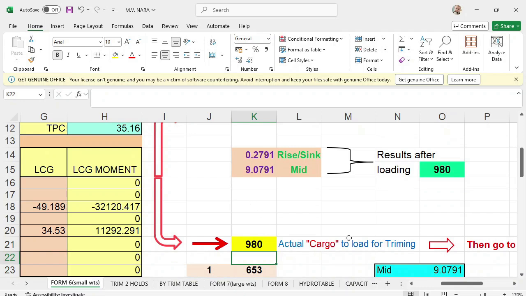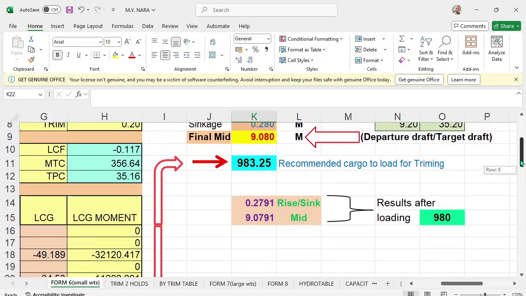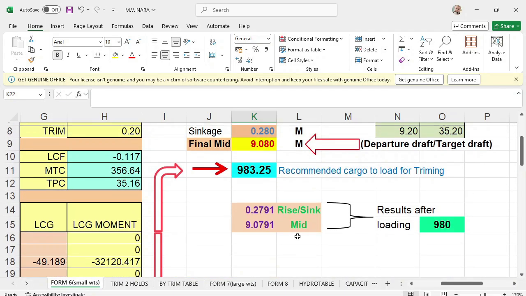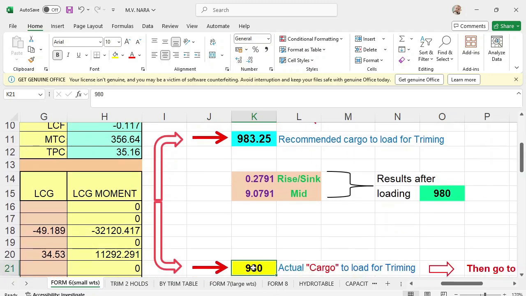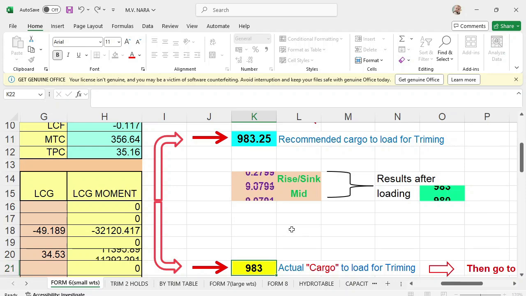Once you load 980, what will be the result? Your mid draft will be 9.0779. Oh, for the sake of accuracy, you load 983.